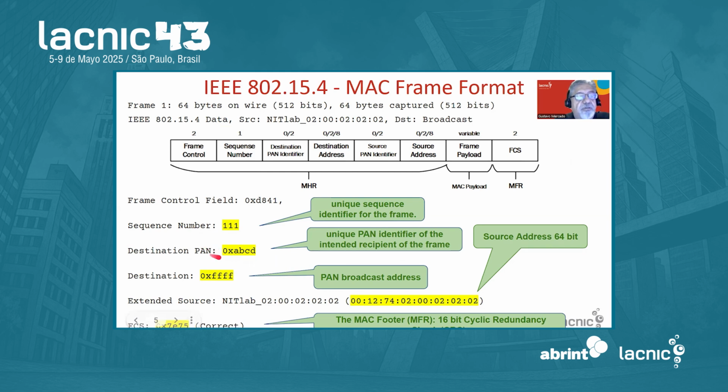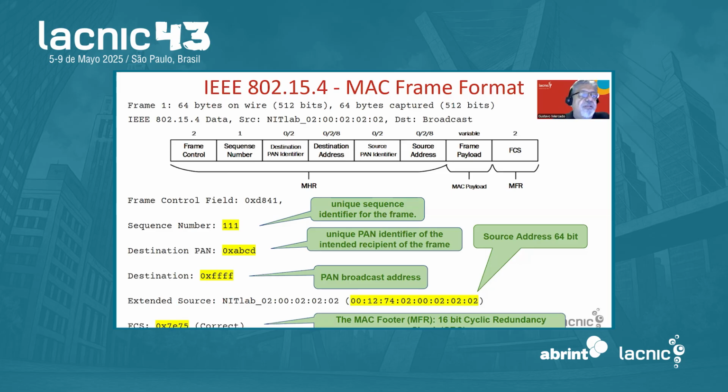Then we have another field called the destination PAN. PAN is personal area network. The PAN is an identifier of the local network of the system. It has 16 bits, and it's used to shorten the MAC addressing. Remember that the MAC addresses have 64 bits each, in source and destination, so they occupy a lot.